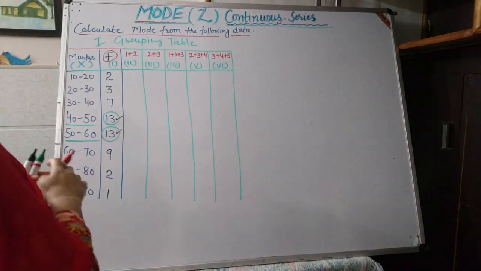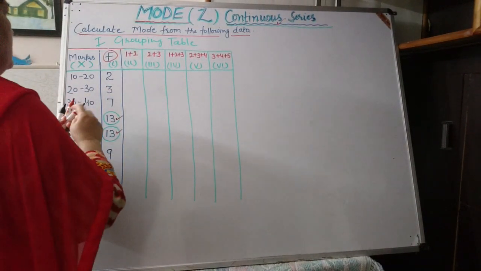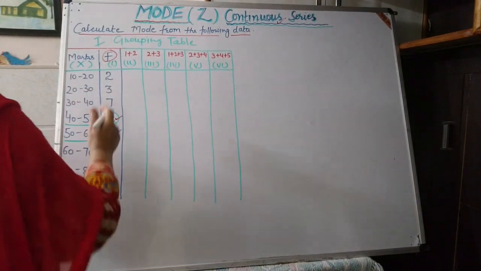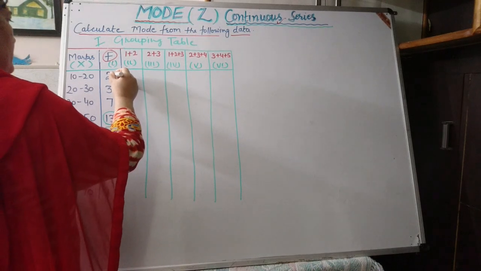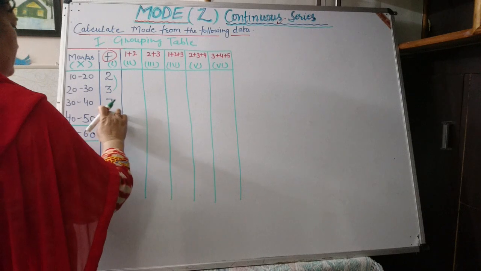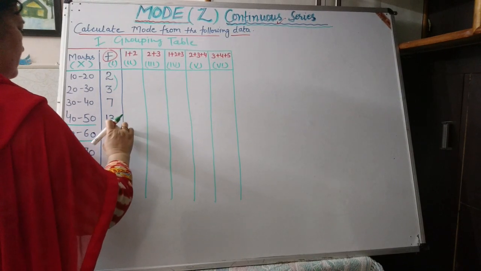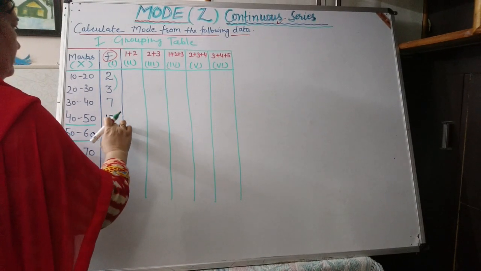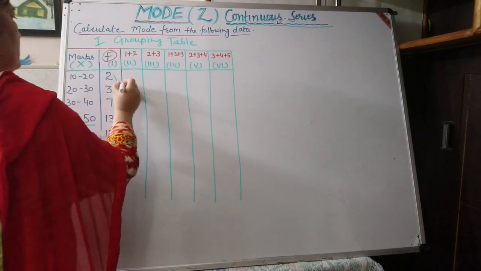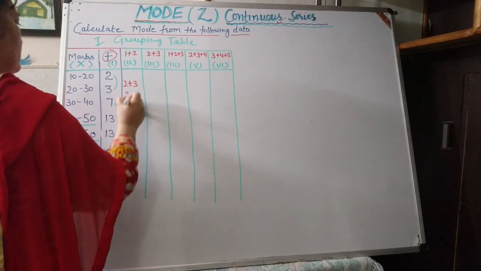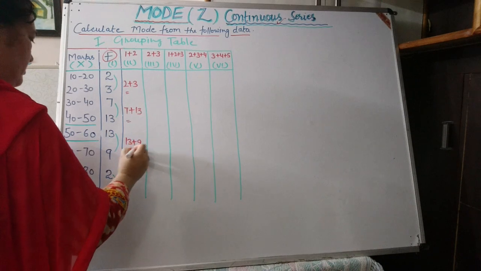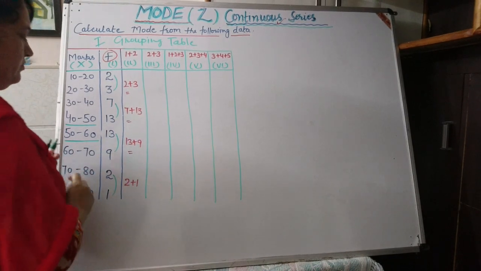So let us start grouping the values. We have already made the groups in the discrete series also. The same procedure is here. First of all, 2 values will be grouped. So these are the values: first 2 plus 3, then 7 plus 13, 13 plus 9, then 2 plus 1.